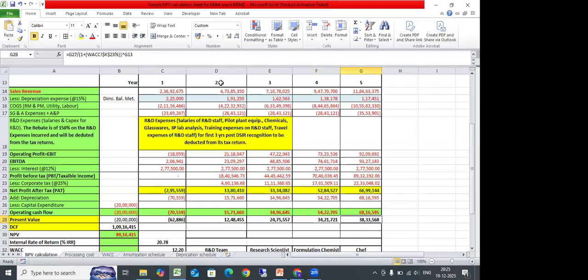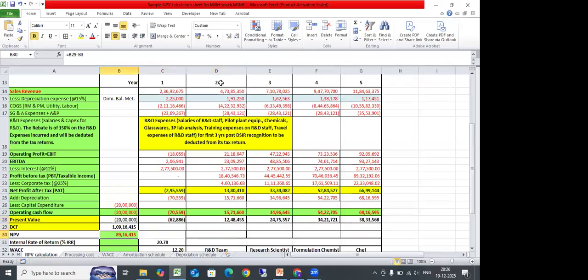We discounted that value because of the one thing we discussed in the lecture: 10 rupees today might not be 10 rupees 1 year after. It might be 9 rupees. That's why the value has gone down. We have discounted it using WACC as the discount rate, the WACC which we calculated, 12.2.